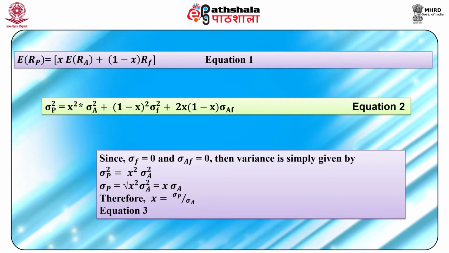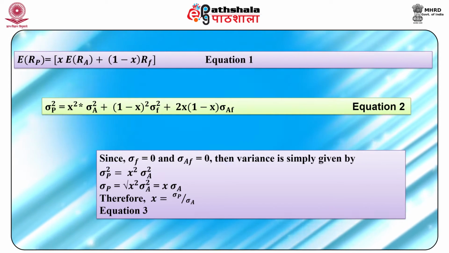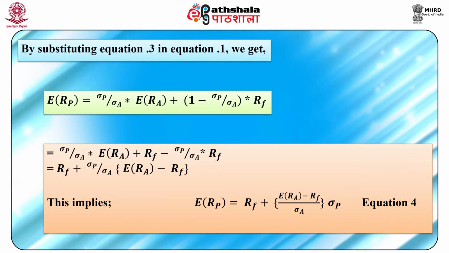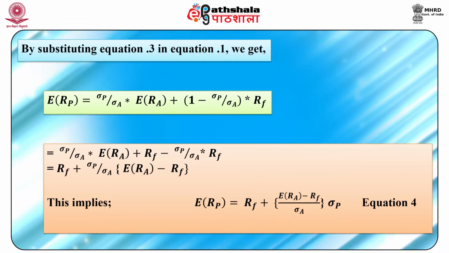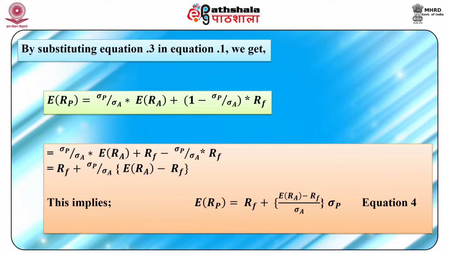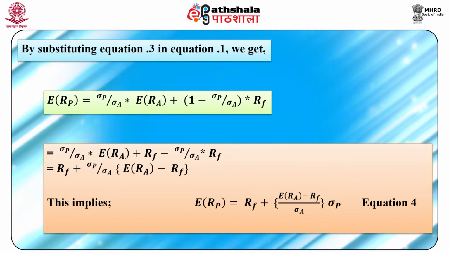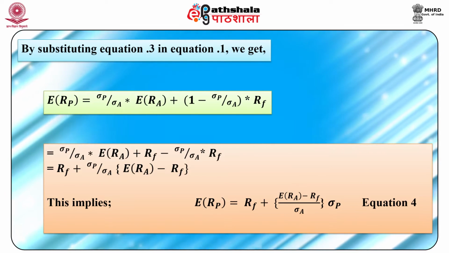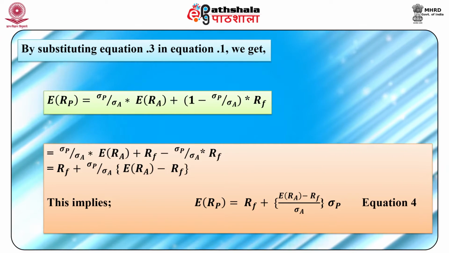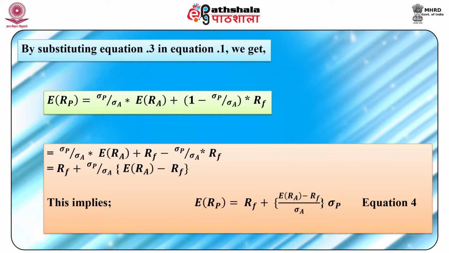Substituting, therefore, X is equal to sigma P upon sigma A, which will be equation 3. By substituting equation 3 in equation 1, we get E(RP) is equal to sigma P upon sigma A into E(RA) plus (1 minus sigma P upon sigma A) into RF.